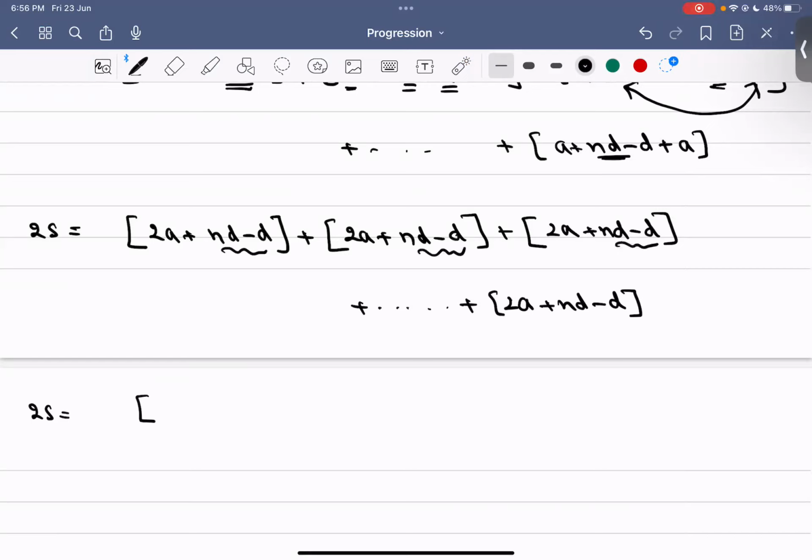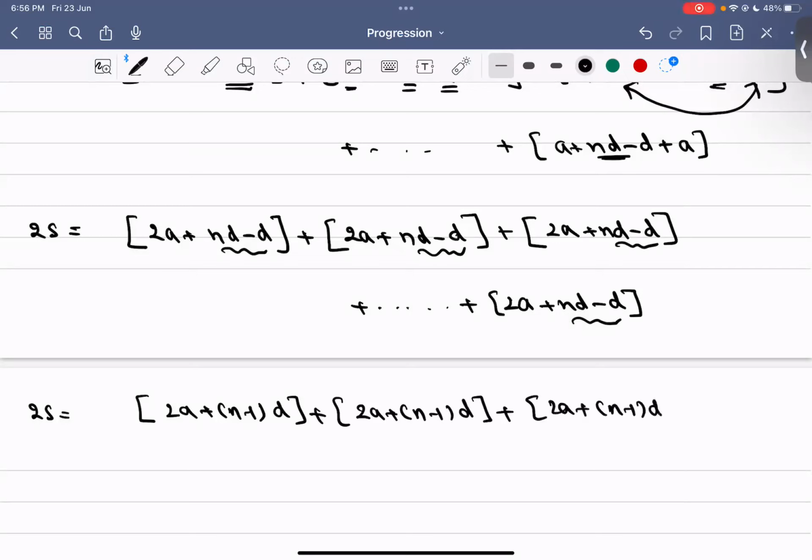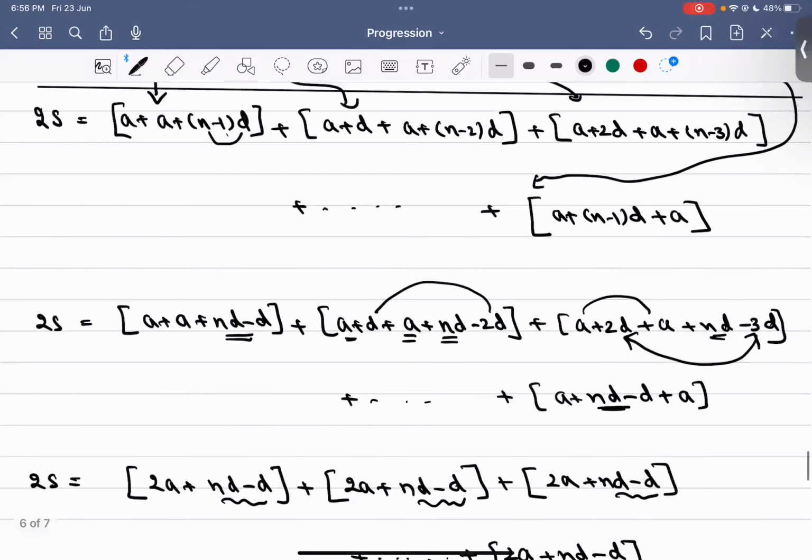Therefore 2A plus (N minus 1) into D is the first bracket. The second bracket is also 2A plus (N minus 1) into D, the third bracket is also 2A plus (N minus 1) into D, plus etc. The Nth bracket is also 2A plus (N minus 1) into D. So how many times?